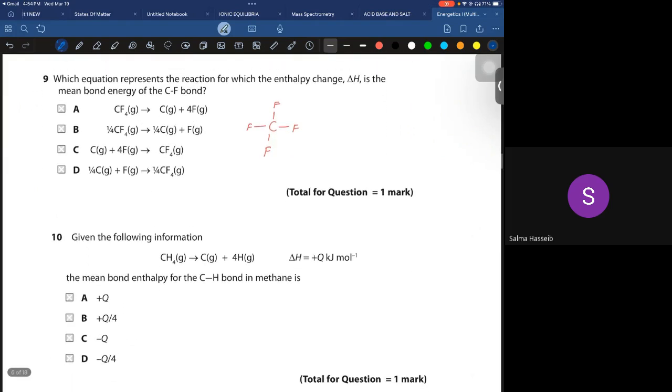See this. This is a good question. Given the following information, what is the mean bond enthalpy for the carbon hydrogen bond in methane? Nice question.